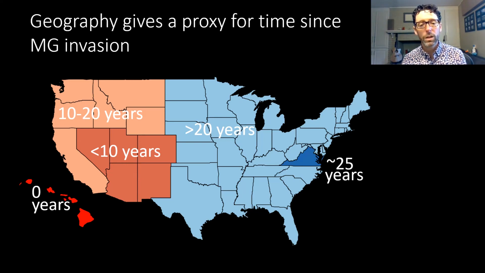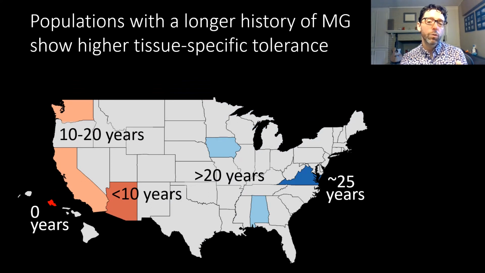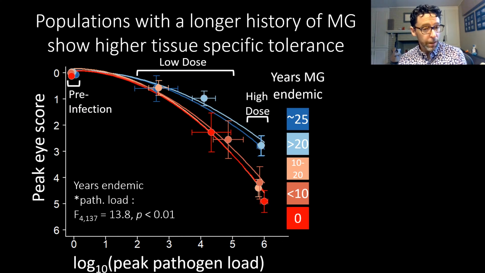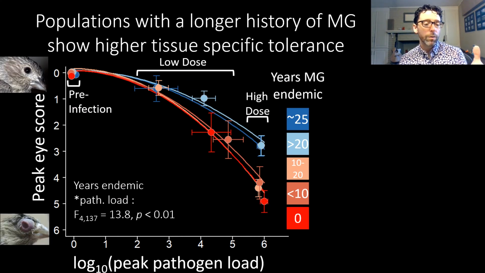We found that populations with a longer history show higher tissue-specific tolerance, and that's work with my postdoc Amberleigh Henschen and Dana Hawley at Virginia Tech. So that looks like this. You've got a shallower slope of that I-score versus pathogen load for those populations with a longer history.